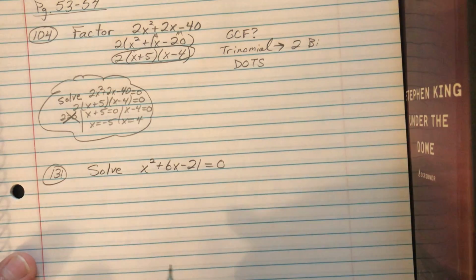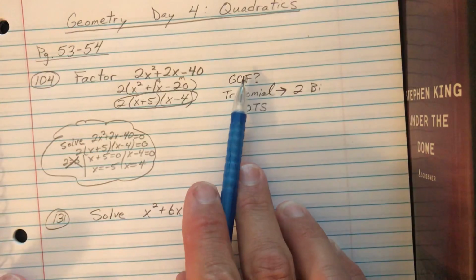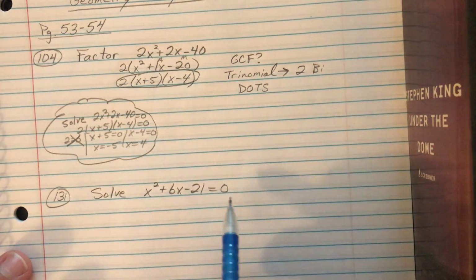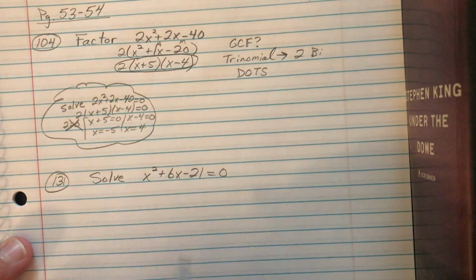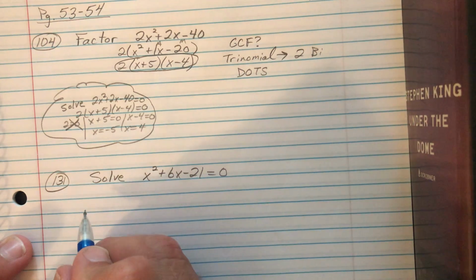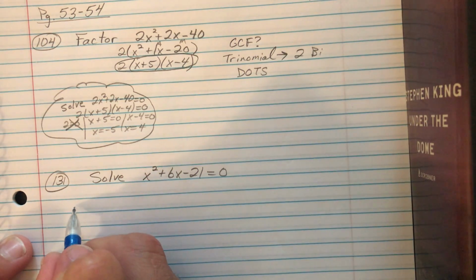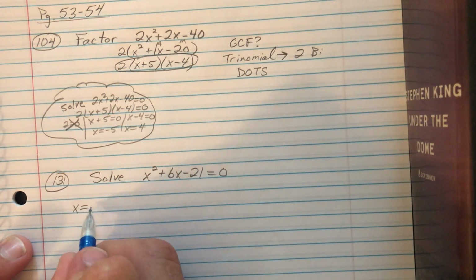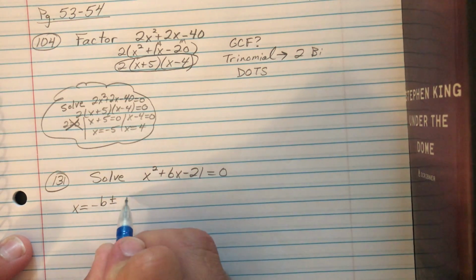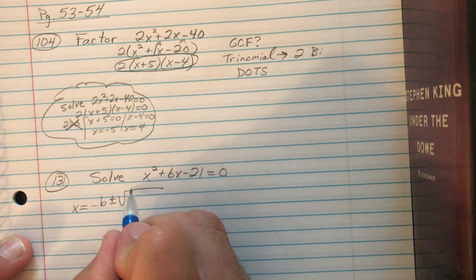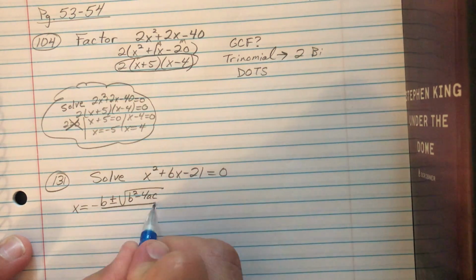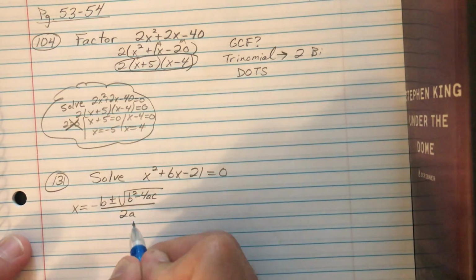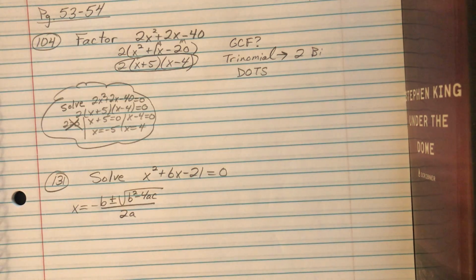Oftentimes you could try all these factoring methods and they just don't work, so you have to use the quadratic formula. The quadratic formula is x equals negative b plus or minus the square root of b squared minus 4ac, all over 2a. So you just plug your numbers in.